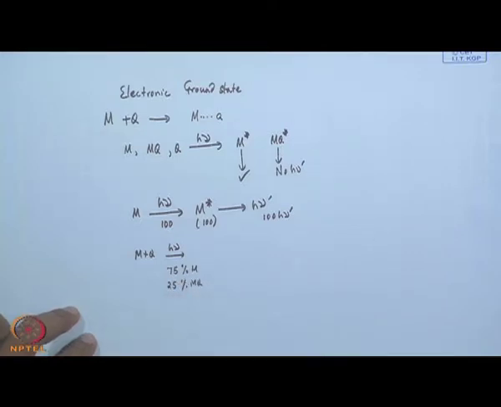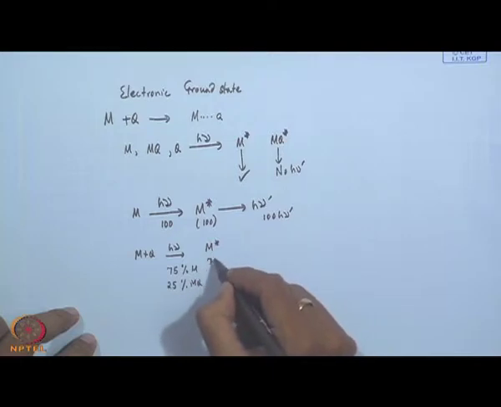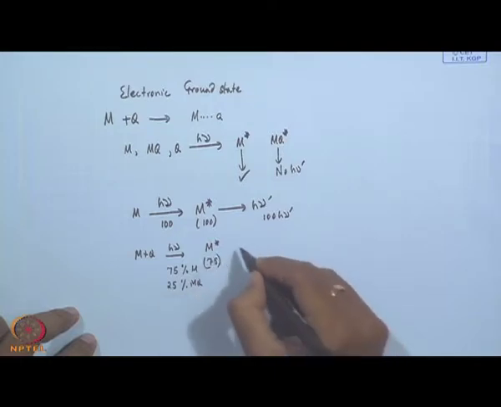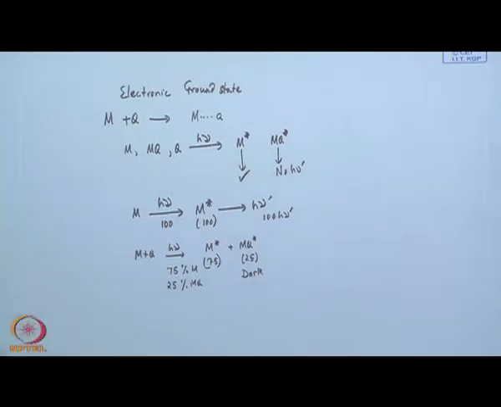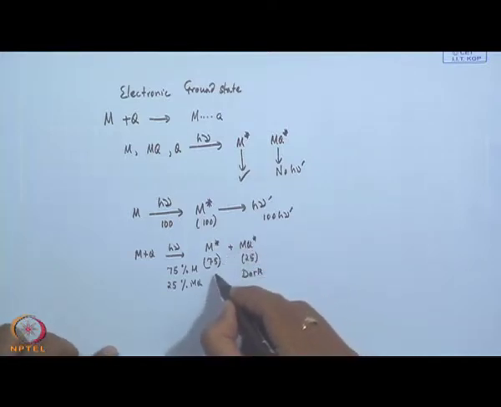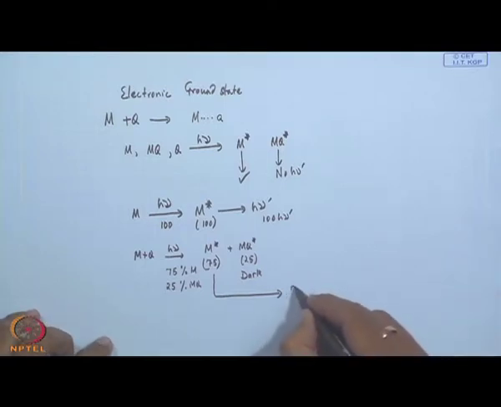So, what is happening? You are shining, so you have 75 M star and 25 MQ star, and if the complex is dark, meaning it does not fluoresce, then you can expect that the 75 M star will give rise to 75 h nu prime.